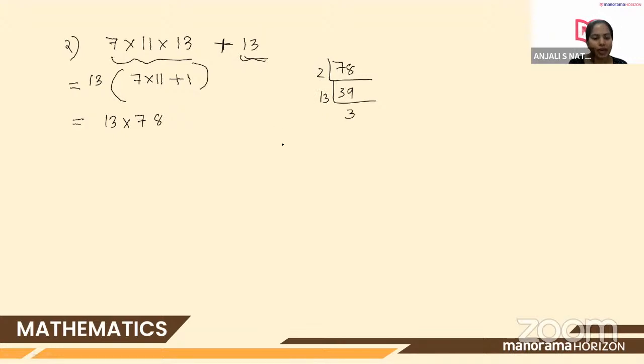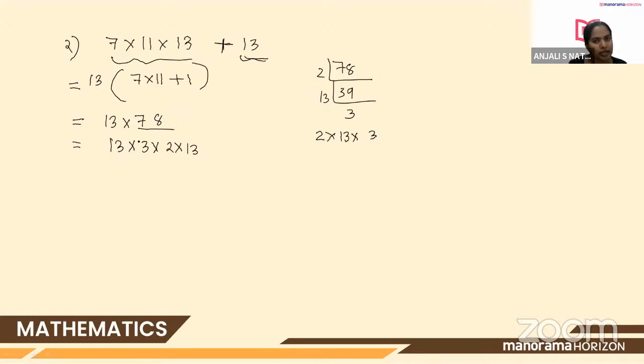So we can factorize it as 2 into 13 into 3. So we can write it as 13 into 3 into 2. These are the factors of 78. So these are the factors of this composite number, which is given in the question.